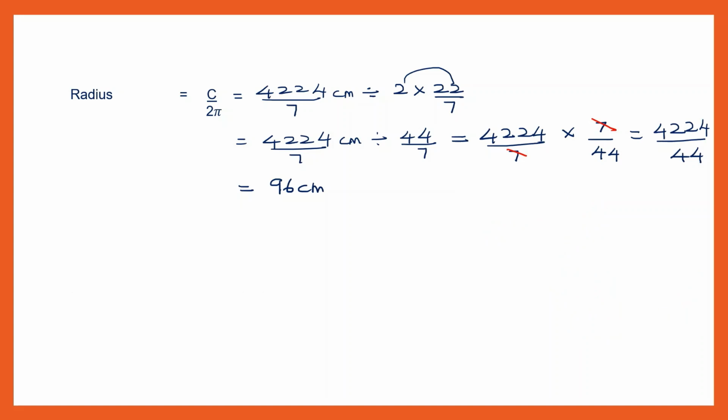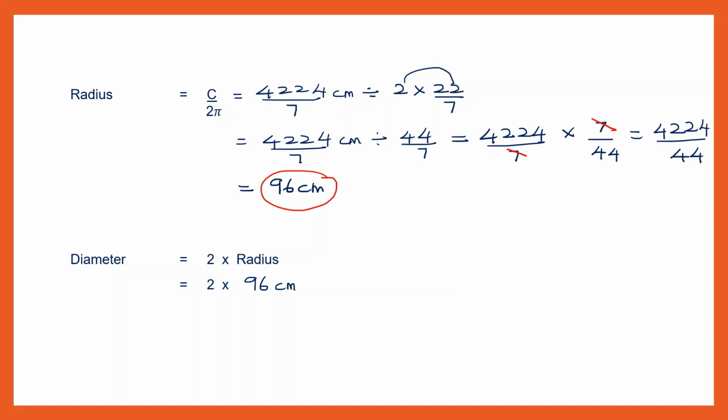Now we can find the diameter. The formula to find the diameter is 2 into radius, which is equal to 2 into, we're going to substitute the value for radius. We found the radius to be 96 here, isn't it? 96 centimeters. We are going to write that here. So 2 into 96 centimeters.